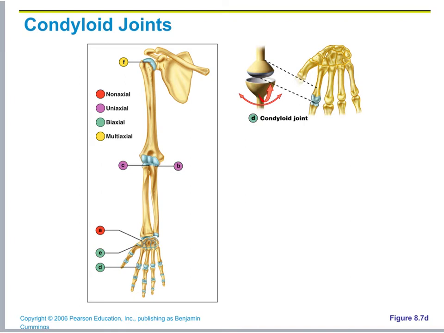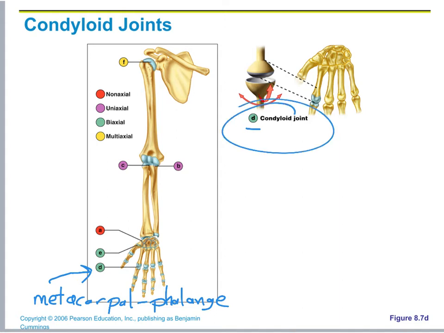So if we look at the green here, letter D, the first knuckle, that's between the hand bone, which is called a metacarpal, and the finger bone, the phalange. So metacarpal phalangeal, that's a biaxial movement. That's called a condyloid joint. The other one would be between the radius and the carpals, right there.